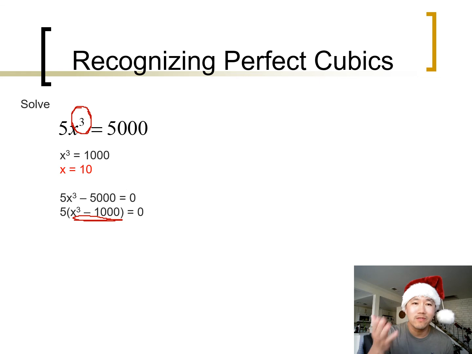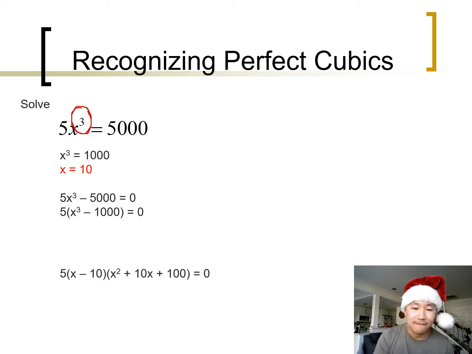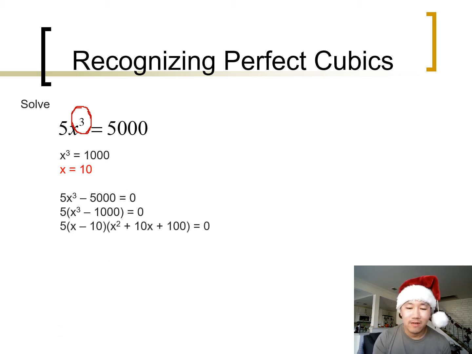Then we were given formulas for perfect cubes, so you can pull out last time's notes to look at the formulas. Let's go ahead and use those formulas to factor that. And there it is. This 5 just stays in the front, but this is how you factor perfect cubes. We just did that in the last section.